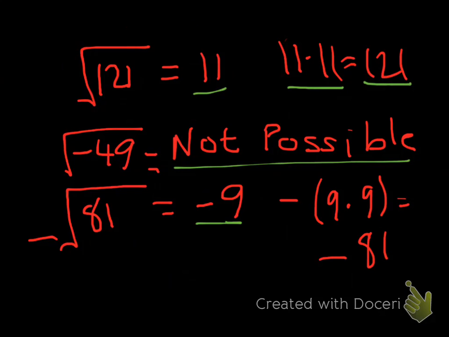The square root of negative 49 is not possible because of the negative sign inside the radical sign. The negative square root of 81 is equal to negative 9 because the radical sign acts like parentheses. So you would do that first and stick the negative at the end. As you can see, we do 9 times 9, and you stick the negative sign right here.